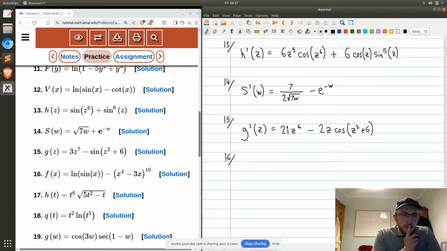Okay, f of x is ln of sine of x minus all of x to the 4 minus 3x all to the 10. Okay, begin. So cos x over sine x, isn't that so? And cos x over sine x is cot x.